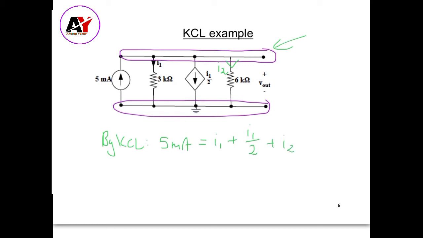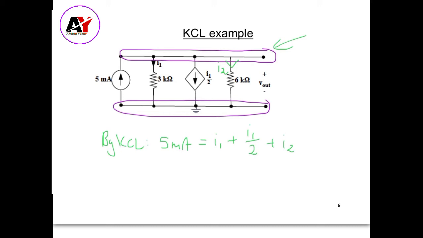And now how are we going to tackle this? Because we've got a single equation, but we've got two unknowns in this equation. So what we're going to do is write everything in terms of V out, and then we'll have one equation with one unknown.